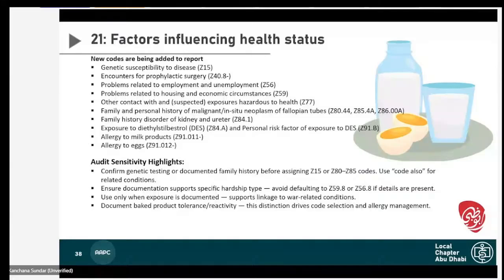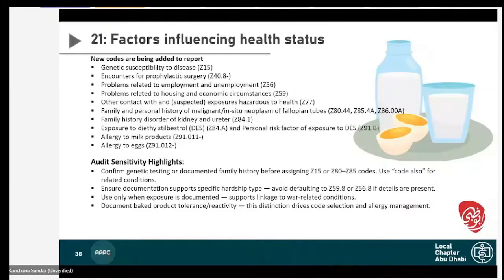So when we talk about the audit sensitivity highlights about these factors influencing health status, I wanted to emphasize the genetic related testings and genetic related conditions. All through the chapters, they have emphasized this, maybe because of the evolution happening in the genetic industry.